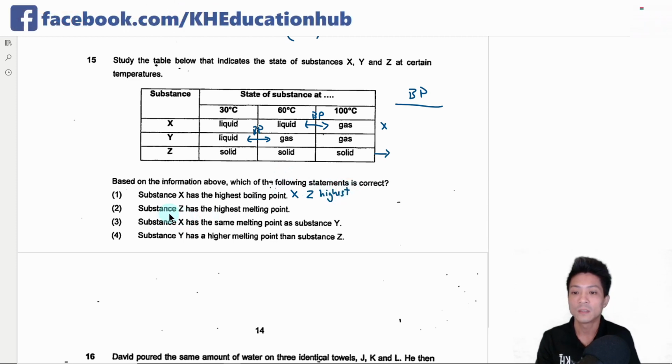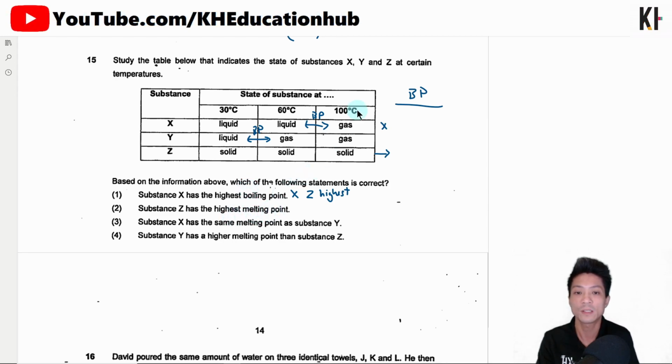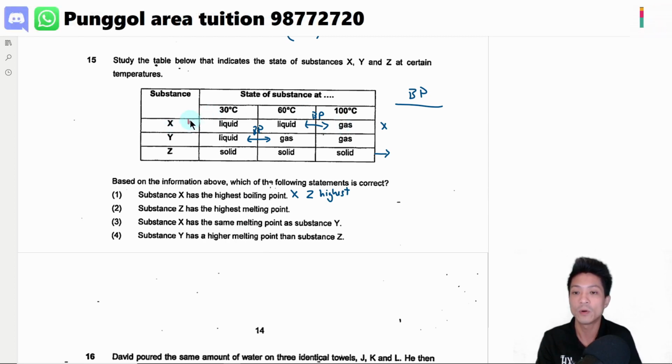Substance Z has the highest melting point. In this case, let's check the melting point. Melting point is when the substance changes from solid to liquid, right? So for X, the melting point is lower than 30. Y is also lower than 30.